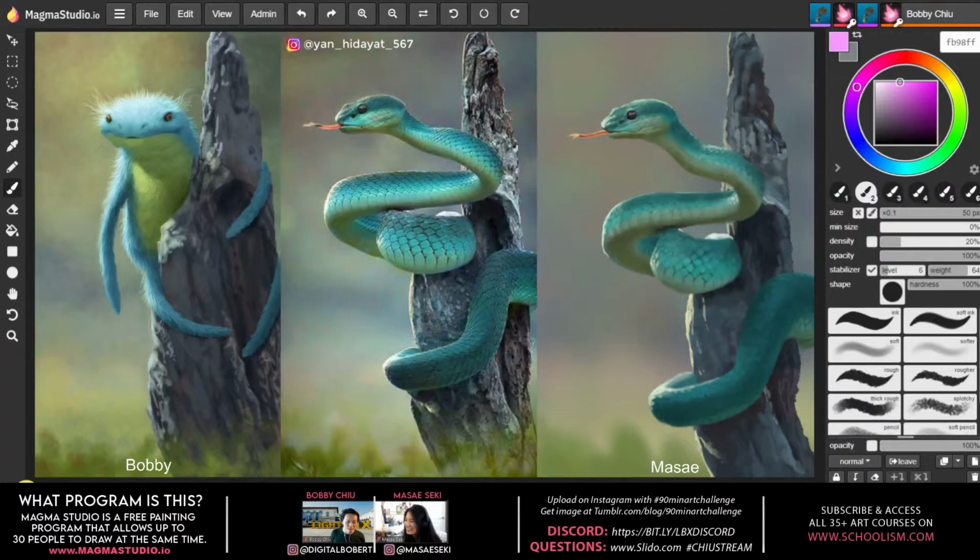But that's the point of the 90-minute art challenge, is that this is to help us get better in art, all of us, right? So even if the subject doesn't really click, just try it anyways, because a lot of these subjects we are picking because they don't click with us. But then there are challenging things about it, right? So look for those challenging things, do these challenges with us, and you'll see that you're going to be growing with us.